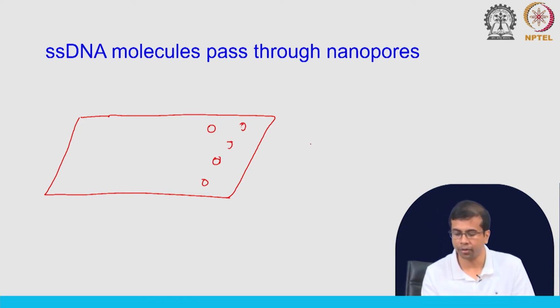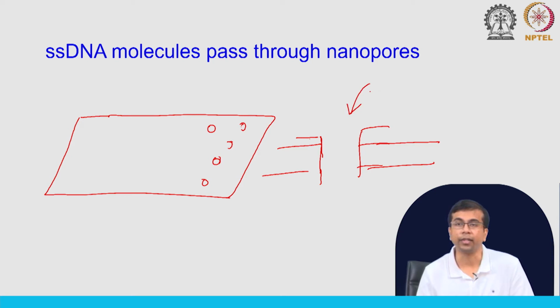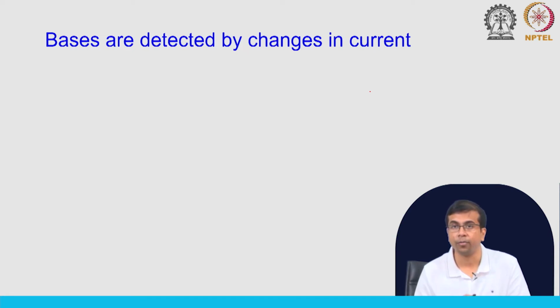They are small structures embedded in a kind of matrix, and these nanopores are made of proteins. These are very small dimensions, so only one strand of a DNA molecule will pass through. Single stranded DNA molecules pass through the nanopores, and when they are passing through, they are being sequenced. We will see in a moment how this happens.